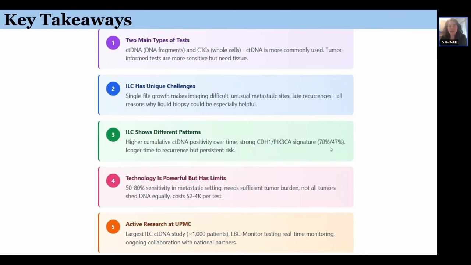ILC has some unique patterns that I talked about. Our technology is powerful but has limits in terms of sensitivity, the tumor requirement, and then our actionability. What do we do with the results? And then I'm happy to report that here at UPMC, we have a big research program in ILC. We're very excited about a lot of our studies that are ongoing.